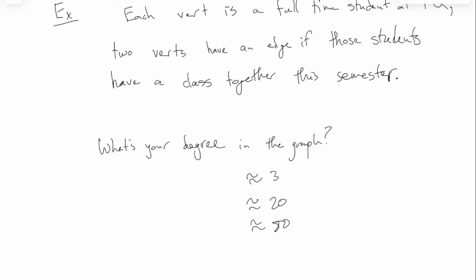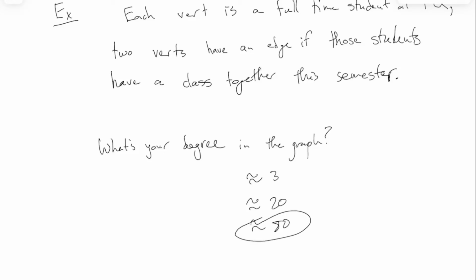There are about 20 other people in this class, but you're in other classes other than this class, right? The degree in this case will represent the number of all the people in all of your other classes, including this class also, all right? Which is probably something like 80, maybe even more than that. I don't know what kind of classes you're in.